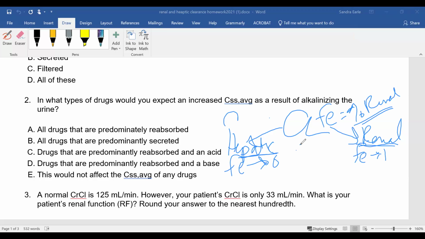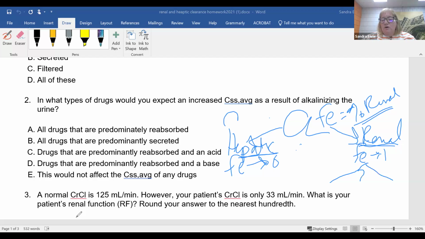Yes. All right. So once you know one or the other, and right now we're working on renal, the next thing you're going to want to know is what's the predominant process. You're going to try to figure out, is it primarily secretion or is it primarily reabsorption? Why do we want to do that? Because once we know that, we know what drug and disease interactions we're looking for.